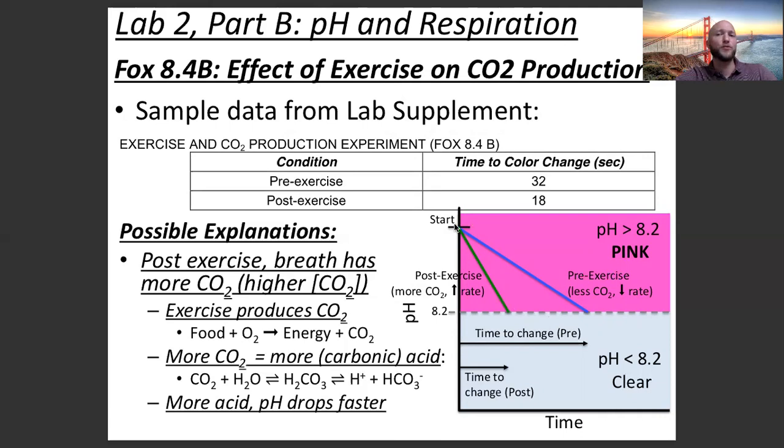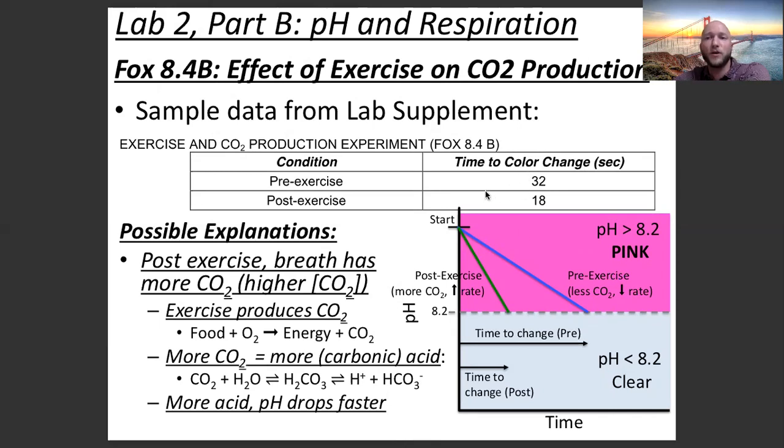The higher the rate that we exhale carbon dioxide, the higher the rate at which acid will build up in the solution, the faster the solution will change color. So the more carbon dioxide you exhale, the faster the solution is going to change color. Are you going to be exhaling more carbon dioxide when you're resting or right after exercising?